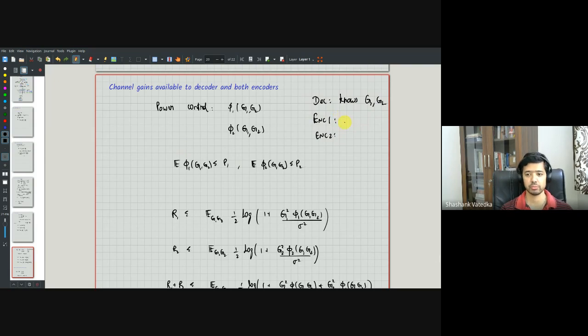We can first assume that encoder 1 knows both G1 and G2, and similarly encoder 2 knows both G1 and G2. Or we could assume that encoder 1 knows only G1 and encoder 2 knows only G2.